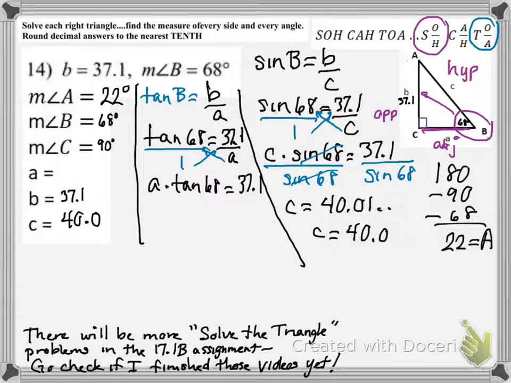I want to get my A by itself, so I'm dividing by tangent 68 on both sides. This makes the tangent 68's cancel out, and I still have A equals.